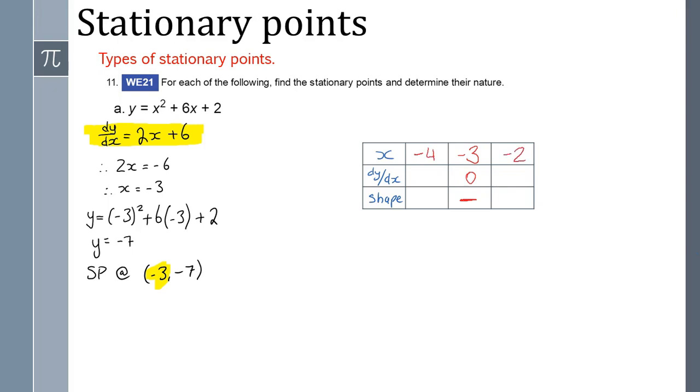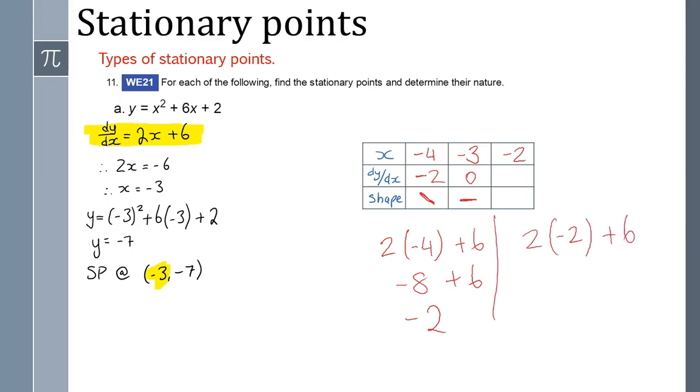Okay, one either side. So the slope when x is -4 is -2. Okay, it's a negative. It's going down like that. I'm going to do it again with a point to the right side. Okay, on the right side, it's +2. The slope is going up.